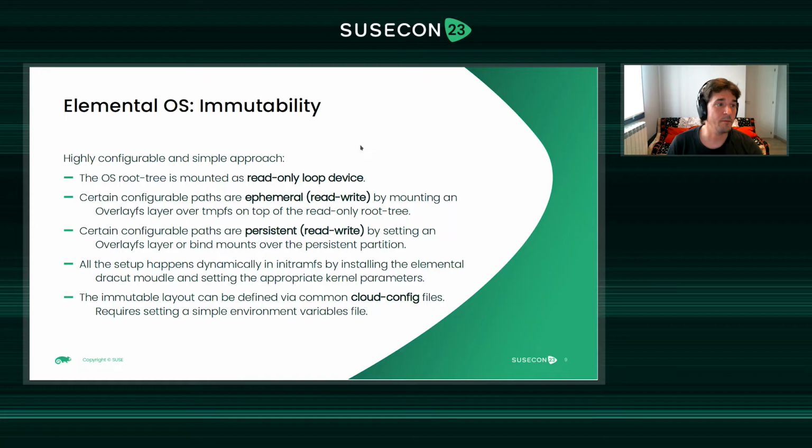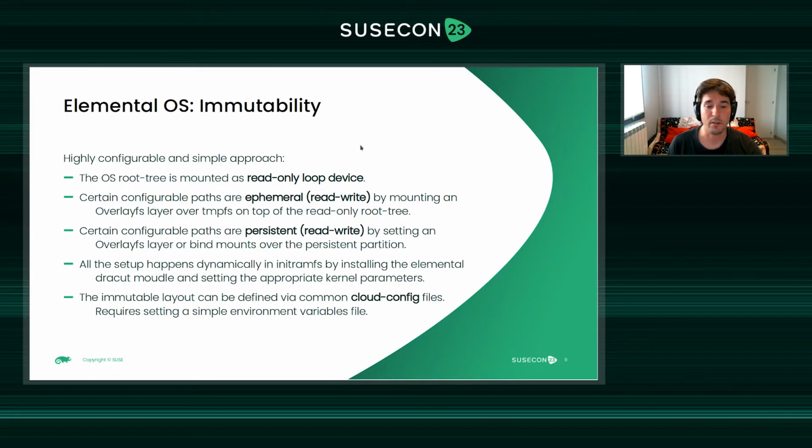So, as we said before, the Elemental OS also needs to be immutable, or it aims to be immutable. So, keeping with the Elemental principles, we like to keep it configurable and simple. The immutability on an Elemental OS is defined by basically mounting the OS root tree from a file system image that's mounted as a read-only loop device, so it cannot be changed.